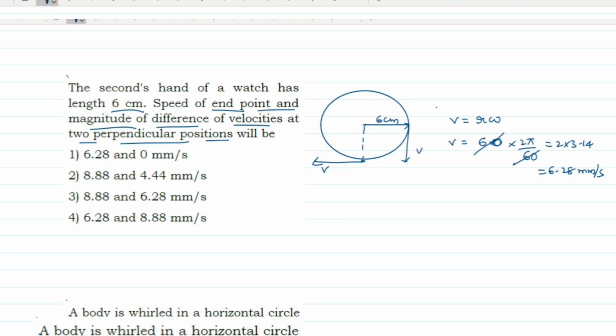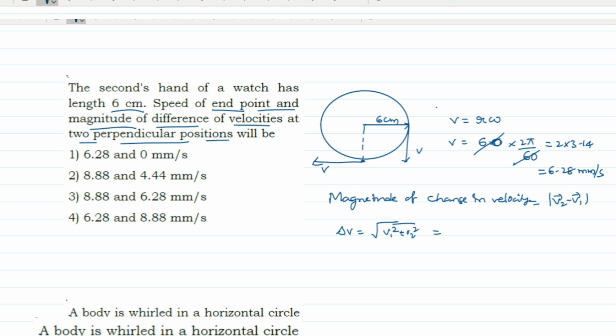Now we need to calculate the magnitude of change in velocity. This is v2 bar minus v1 bar. So delta v, since both are perpendicular, is the square root of v1 square plus v2 square.